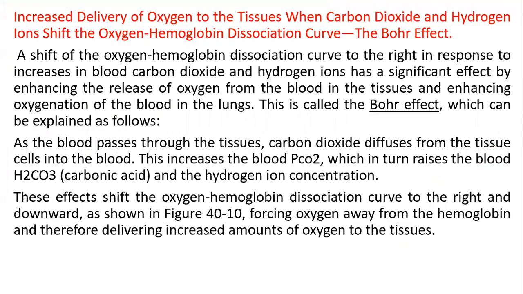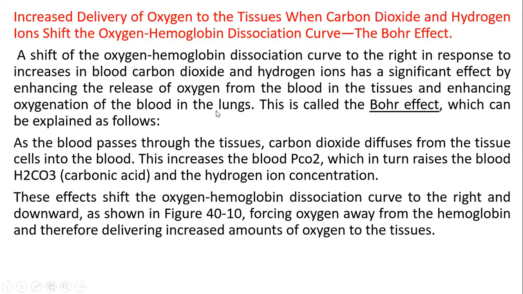Increase oxygen delivered to tissues when carbon dioxide and hydrogen ion shift the oxygen hemoglobin dissociation curve, اللي هو البوهر effect. بالتشيو شيء طبيعي انه بالبرافرال تشيو بس بالبرافرال سيركيليشن نتيجة الميتابوليزم اكو زيادة بالسي او 2 واكو زيادة بالهيدروجين. فايش راح يصير عندنا shift of the oxygen hemoglobin dissociation curve to the right.